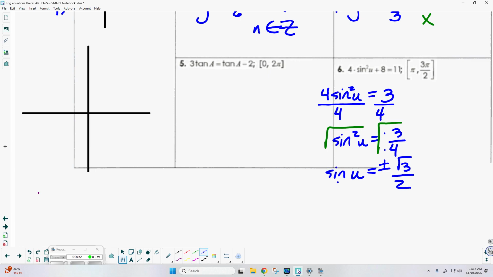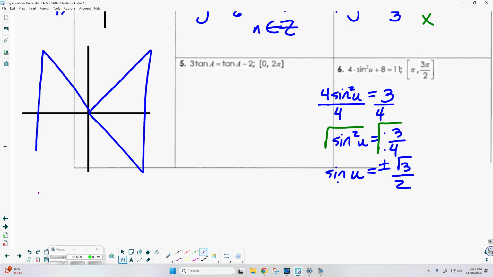In quadrants 1 and 2. So if it's positive in 1 and 2, where would it be negative? 3 and 4. So with this plus minus, I would go ahead and draw a triangle in each of my 4 quadrants. So in one revolution, I would be able to get 4 solutions to this equation, right?